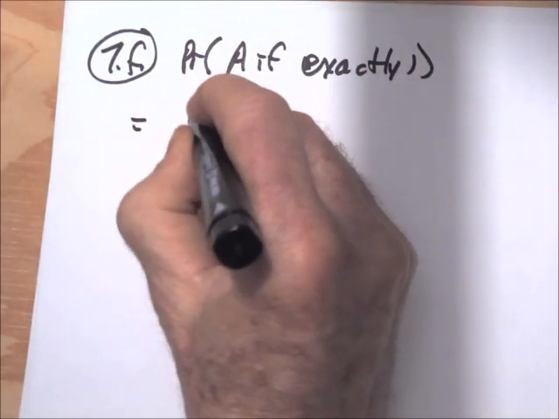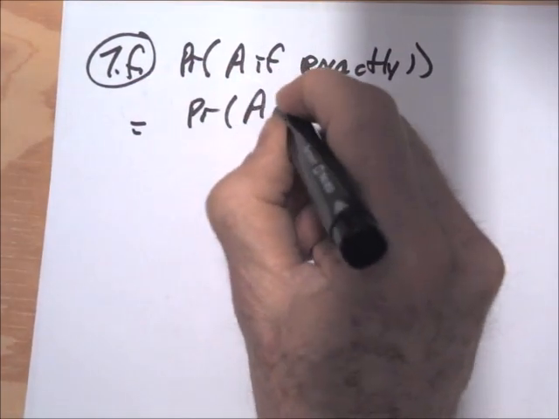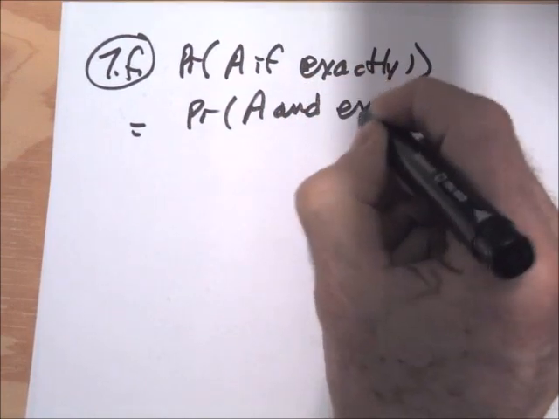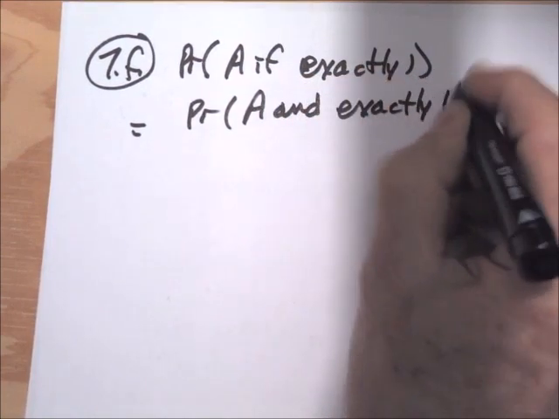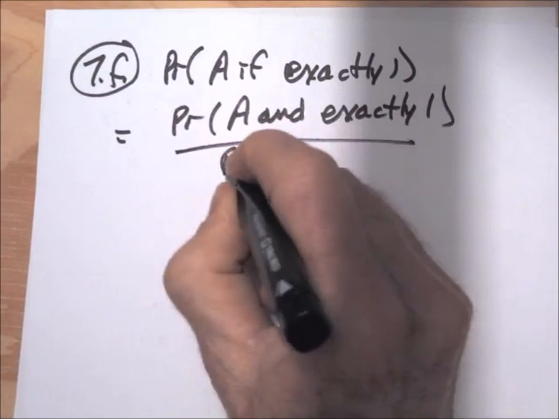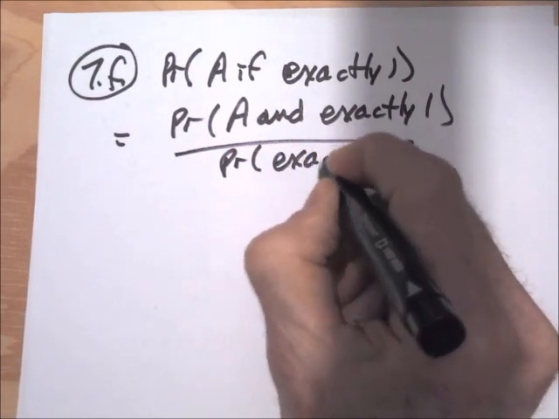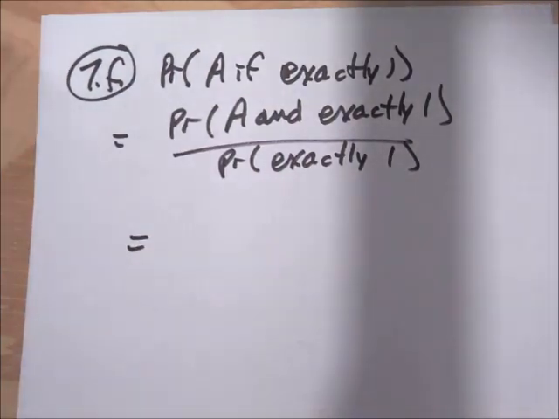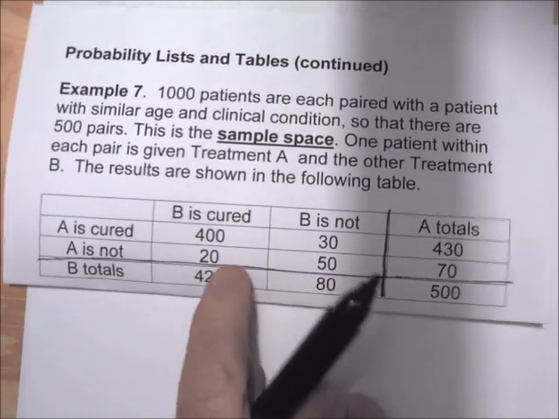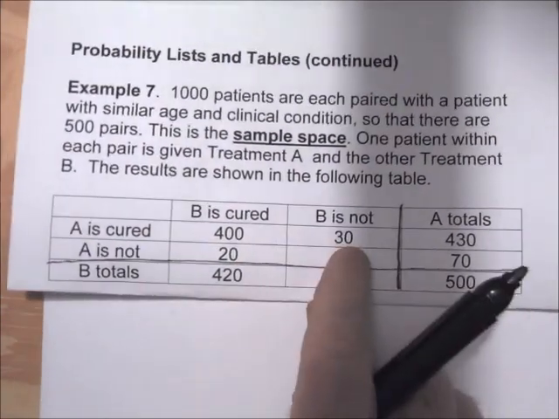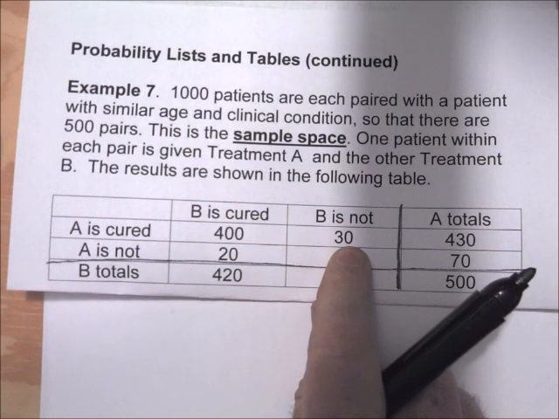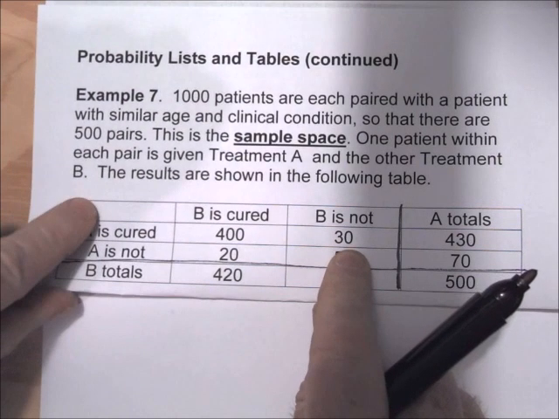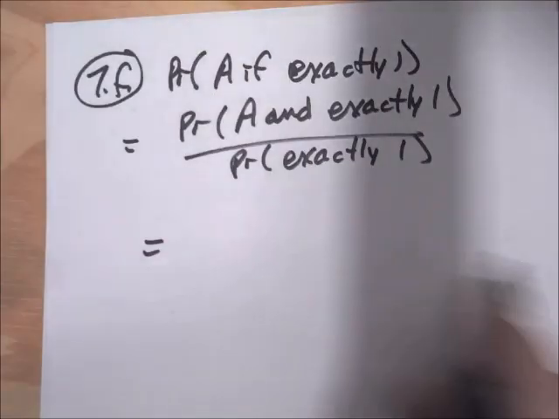What's the probability? The conditional probability is the probability A and exactly one divided by the probability of exactly one. Probability of A and exactly one. Well, there's 30 pairs where A was cured and B was not. So exactly one was cured means B was not cured. So it's 30 out of 500.